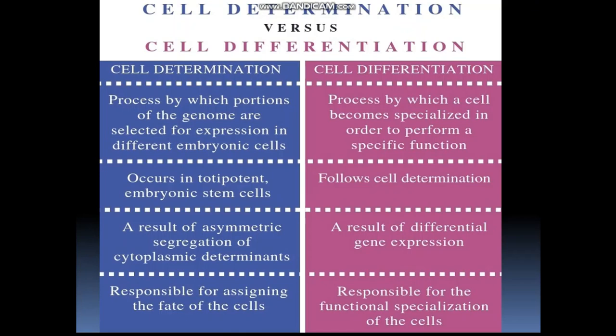These are cells which are able to differentiate into all of the cell types, not just of the embryo, but also extra embryonic organs. If you remember, we studied this topic in the first lesson, and in the first lecture, you listened about it. It is a result of asymmetric segregation of cytoplasmic determinants, and it's responsible for assigning the fate of the cells.